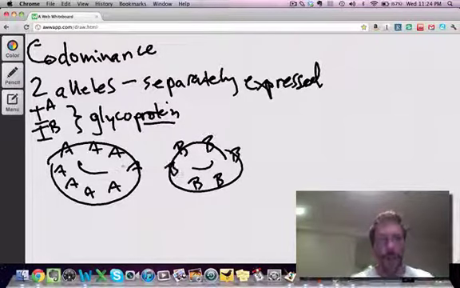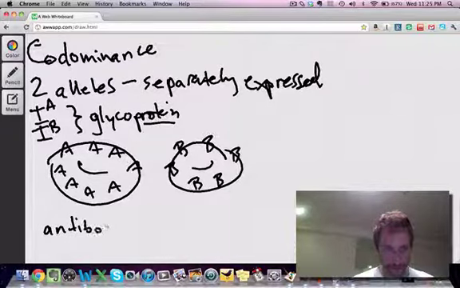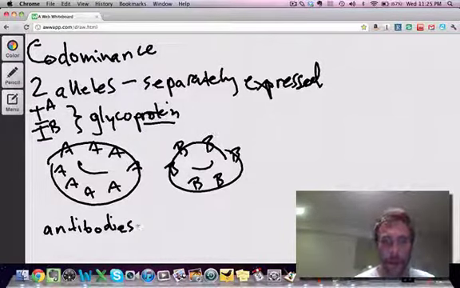Your immune system works by recognizing the shapes on the surface of foreign objects, so your body will produce what are called antibodies. These are little proteins that have a complementary shape to whatever's on the surface of foreign objects.